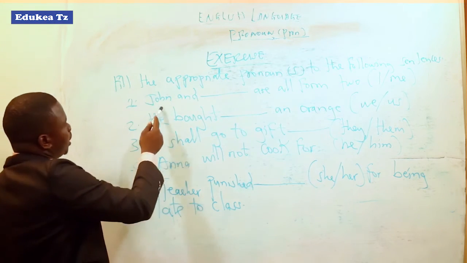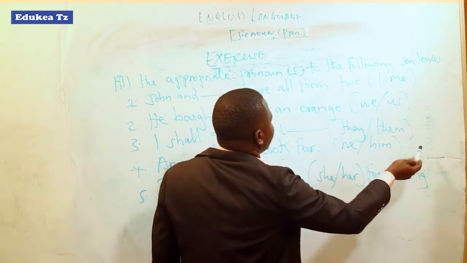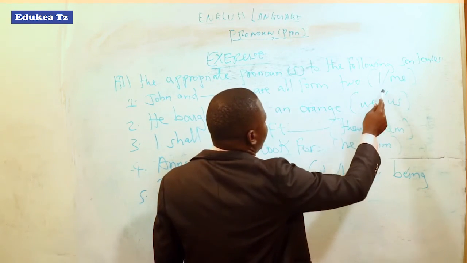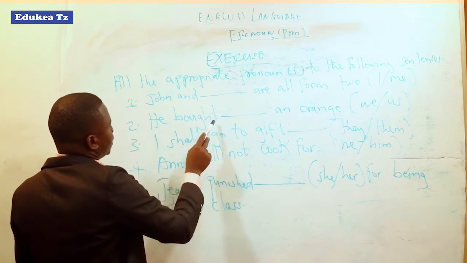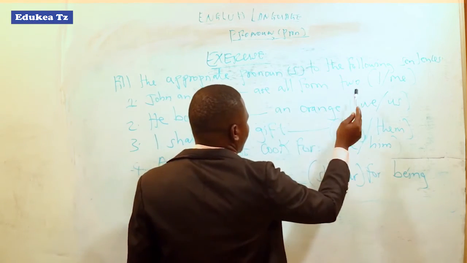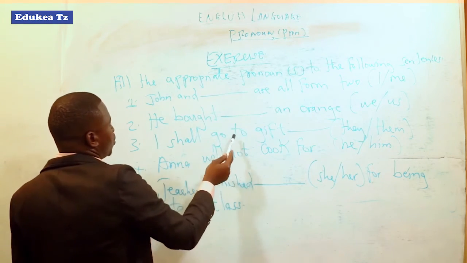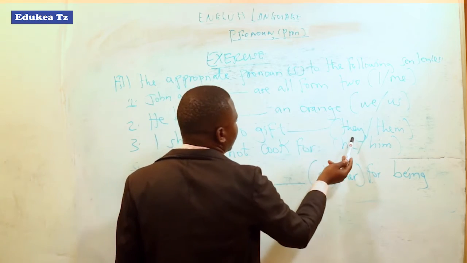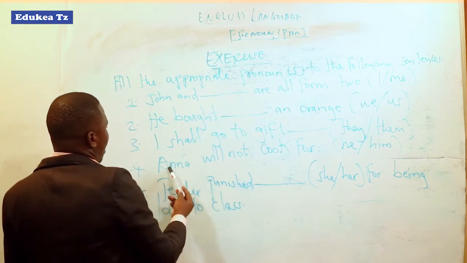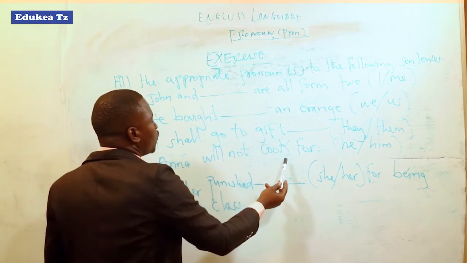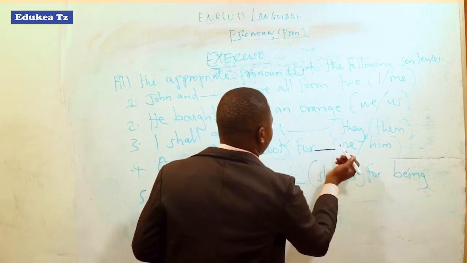Number 1, John and dash are all from dash, I or me. Number 2, he bought dash an orange, we or us. Number 3, I shall go to gift dash, they or them. And another, Anna will not cook for dash. Is it he or him?